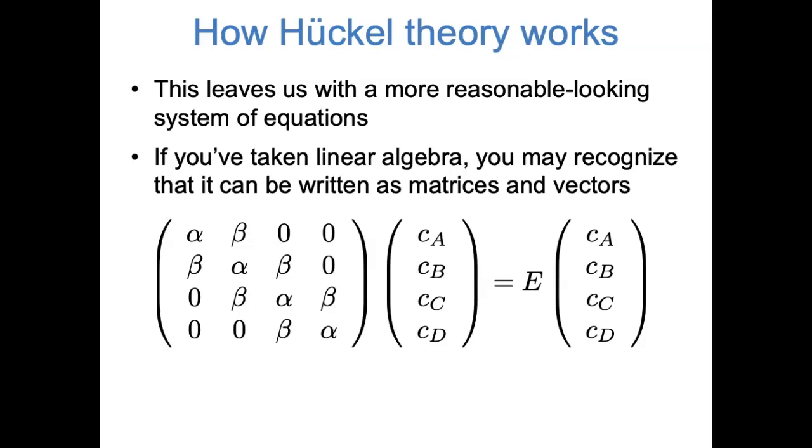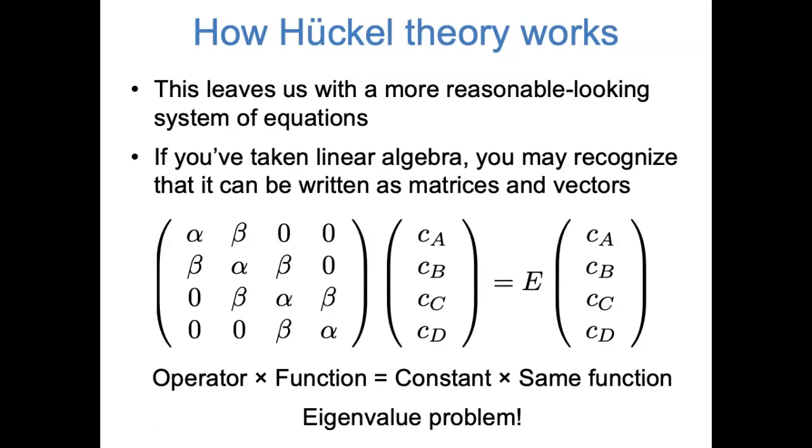And that matrix times that vector is equal to a constant E, the molecular orbital energy, times the same column vector of coefficients C. Whether or not this form of the equation looks familiar to you, you can see it as basically an operator, in this case a matrix, times a function, in this case a column vector, equal to a constant times the same function. And we've seen that form of equation before. That's an eigenvalue problem, the same way that we've seen throughout quantum mechanics.